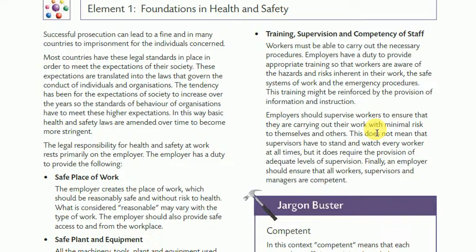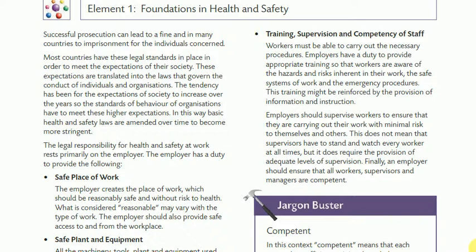There should also be refresher trainings that will ensure that he is competent for that job. He has the experience, he knows his limitations, best work practices and all of that. He should be trained by the employer to ensure that he's good enough for that job.